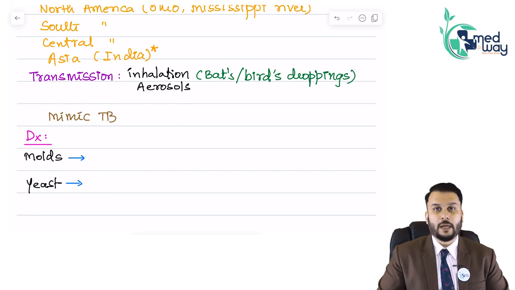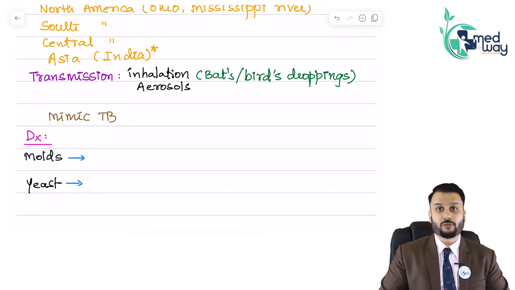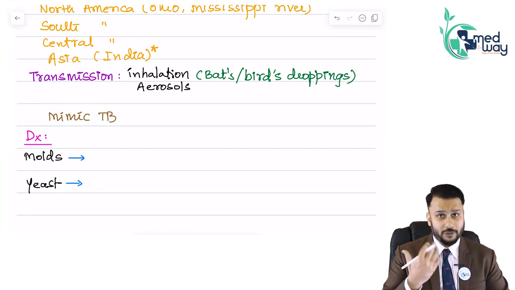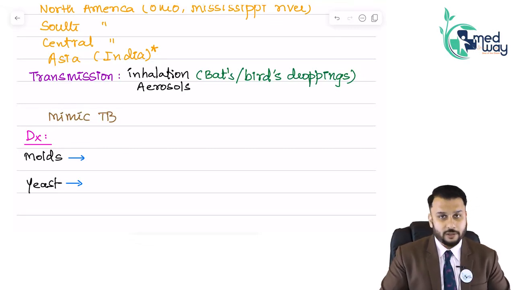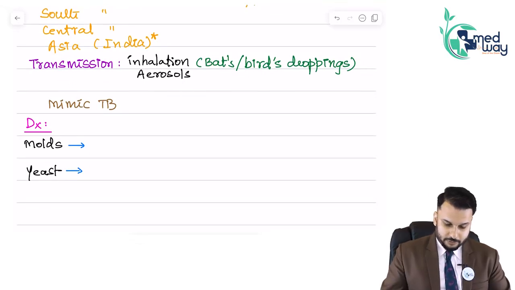And as we know, bats live in caves. Hence, if you happen to go to caves for some hiking, you may inhale these aerosols, and anytime you inhale something, more or less they go to your lungs. That's why the clinical presentation is mostly pulmonary. So you got to remember, this is the reason it mimics TB, tuberculosis.